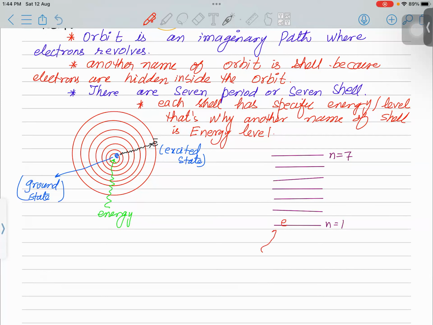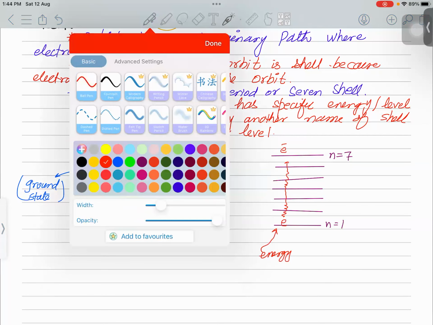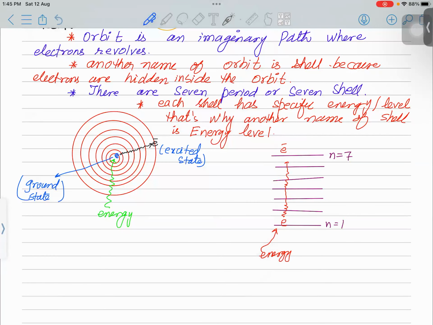So energy is provided, and now the electron moves to a higher energy level. Can you tell me which one is the ground state, n equal to 1 or n equal to 7? n is equal to 1, right? So this is the ground state, and this one is the excited state. So energy is required, right?